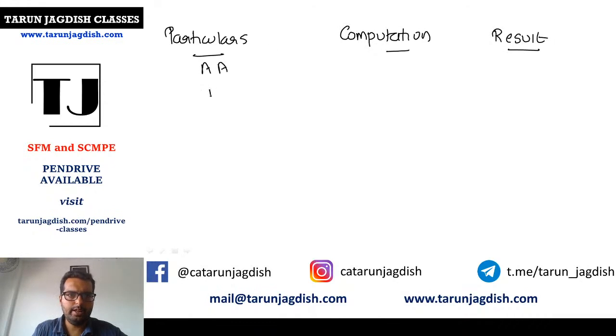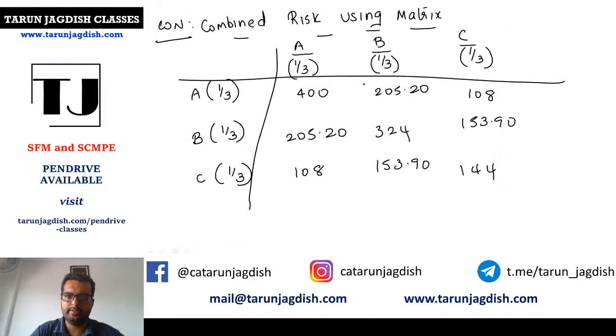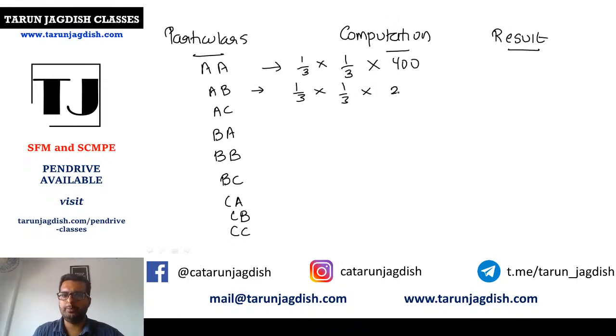We'll have AA, AB, AC, BA, BB, BC, CA, CB, CC. AA will be 1 by 3 into 1 by 3 into 400. AB will be 1 by 3 into 1 by 3 into what is covariance AB? Is that 205.2? This is 1 by 3 into 1 by 3 into AC is 108.